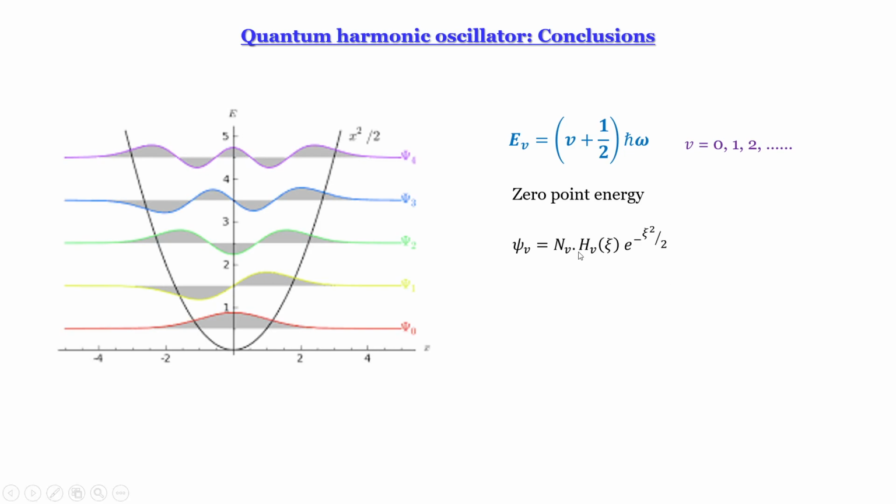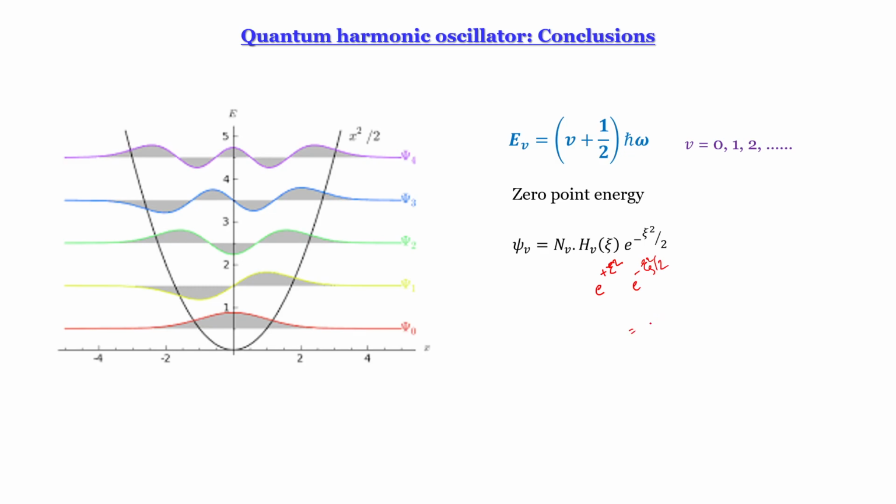Actually, if this H nu had been an infinite series, then it would have contained a term like this epsilon square. So the whole term would have been e to the power minus xi square.